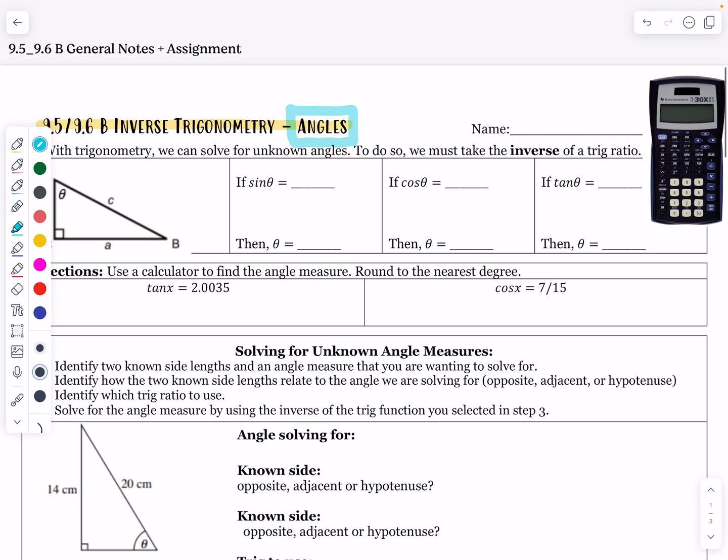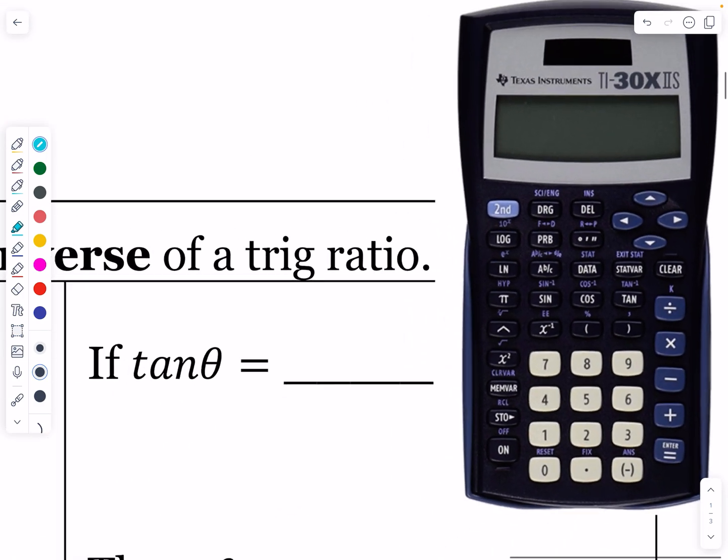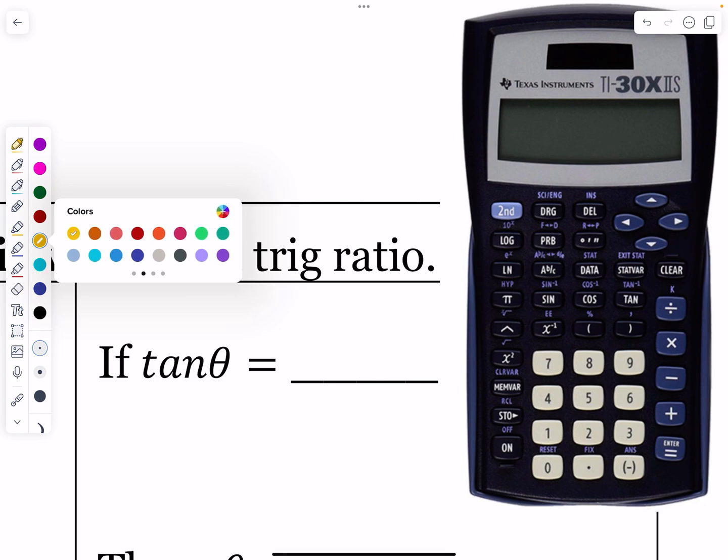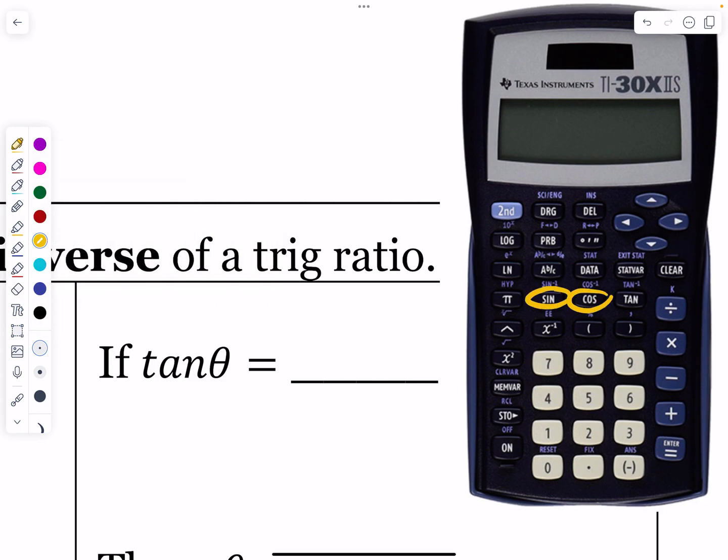Let me show you that on the calculator. To find the side lengths, we did what I call normal trig: just sine, cosine, and tangent, those basic functions. Those are the buttons we worked with. But I want you to notice what is written above those buttons. Above sine is sine to the -1. That's called sine inverse. To make that pop up on your calculator, it's in light blue, which reminds you to click this light blue button first.